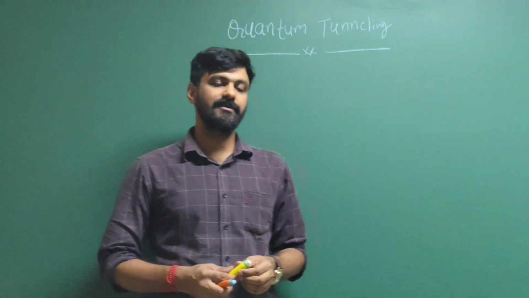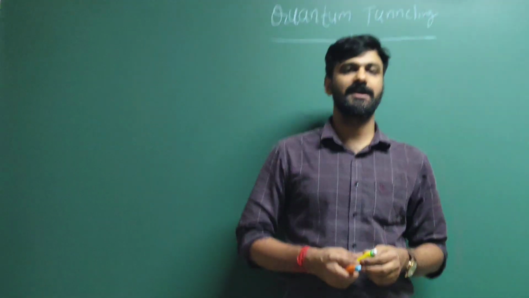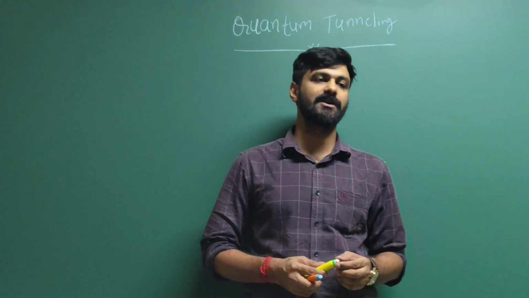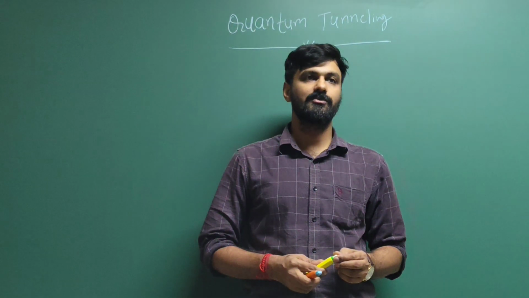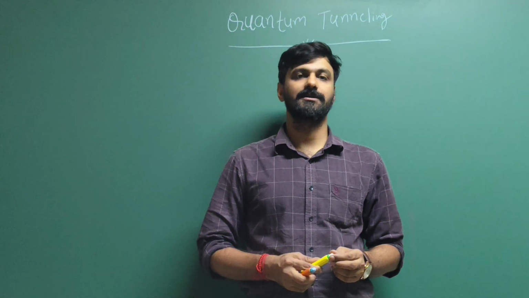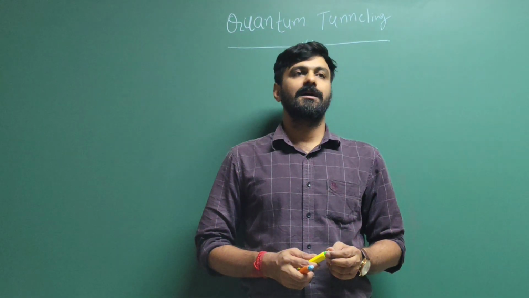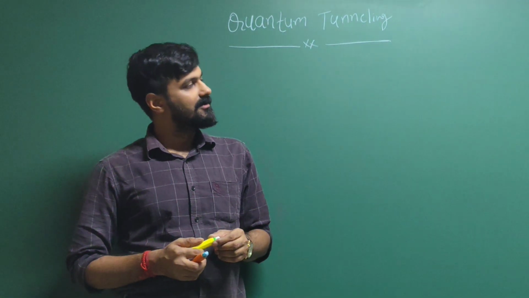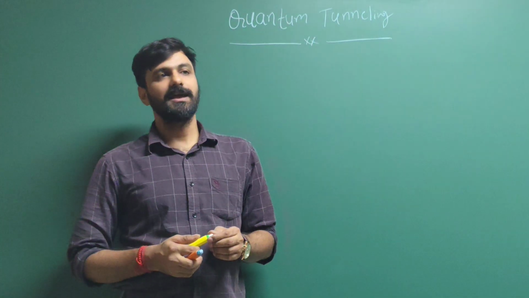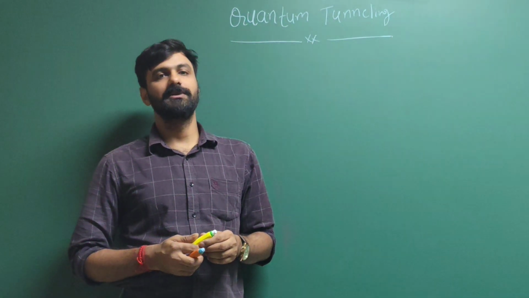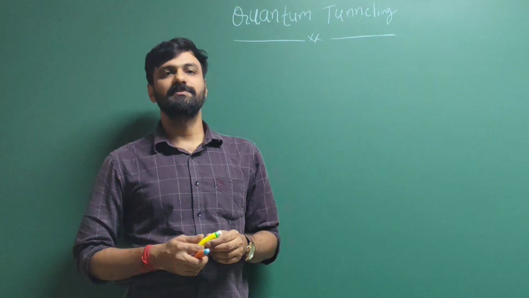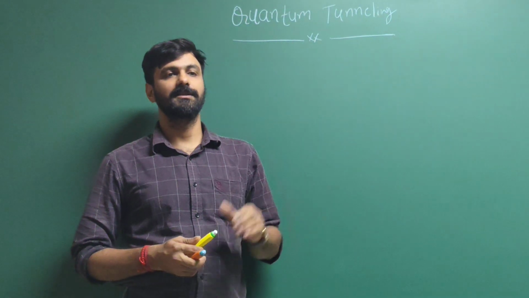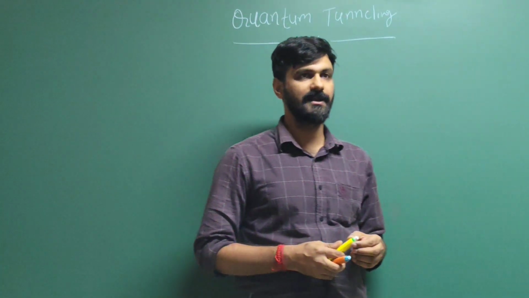In today's lecture, we will again solve the Schrodinger equation and substitute the corresponding boundary condition to calculate the wave function in different regions of a finite potential barrier, and by the end of the lecture you will be able to understand the transmission probability of finding the particle on the opposite side of the finite potential barrier.